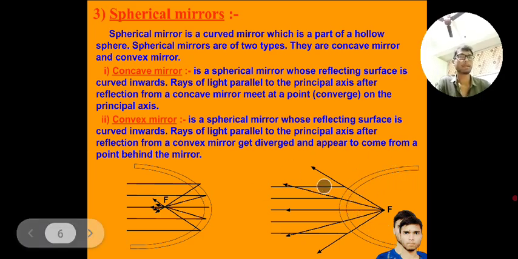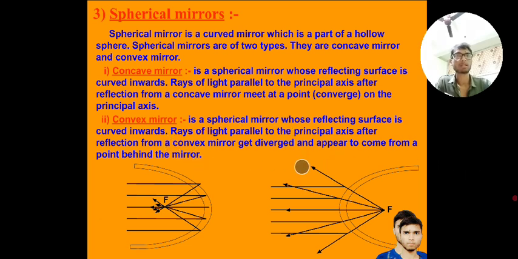So when a parallel ray hits the surface of the convex mirror, it will diverge. It is a spherical mirror whose reflective surface is curved outwards. Rays of light parallel to the principal axis, after reflection from a convex mirror, diverge and appear to come from a point behind the mirror.